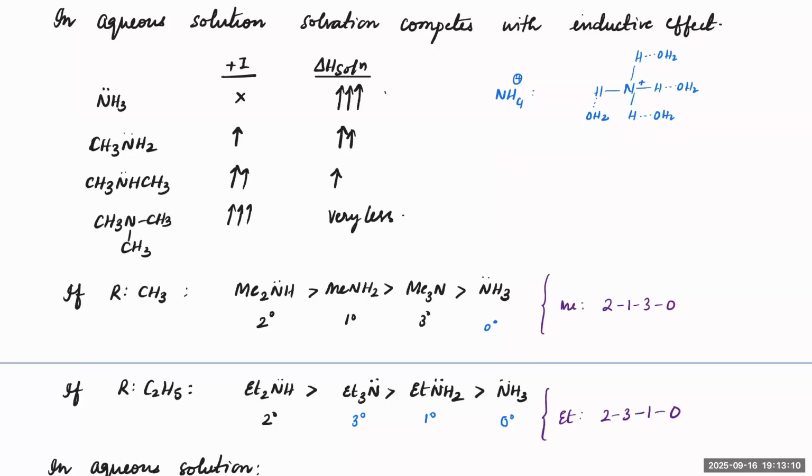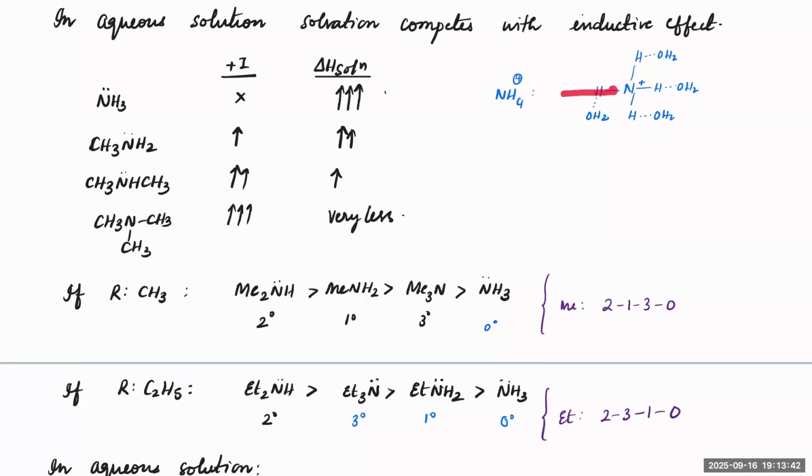Once it becomes NH4 plus, you can see there are four hydrogens with strong delta positive charge on them. So water will immediately come and start making hydrogen bonding with those hydrogens. This ability to make hydrogen bonds around it is called hydration or solvation. Because water is a solvent, we call it solvation.